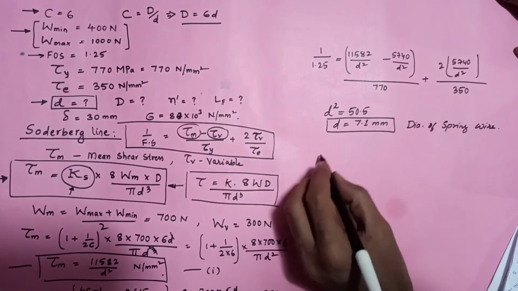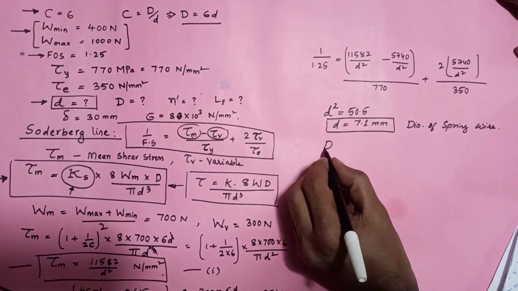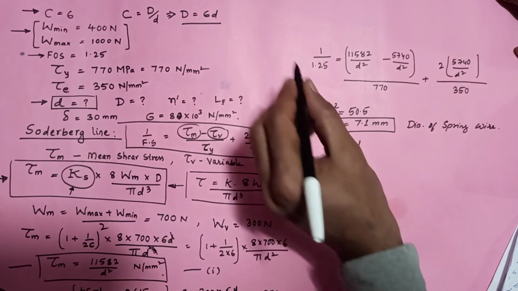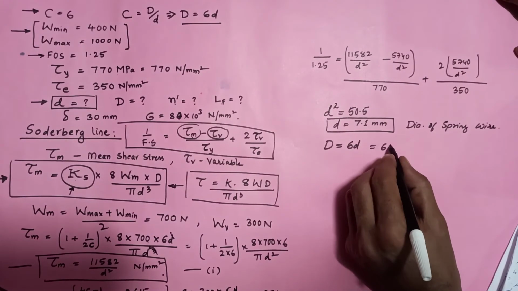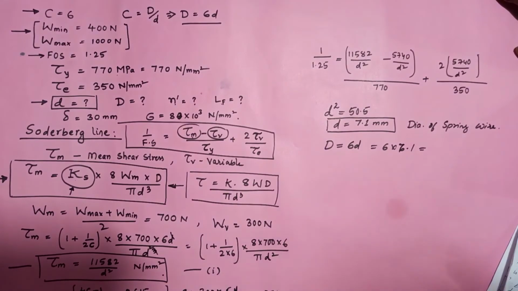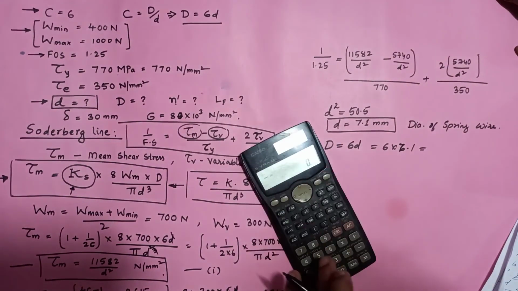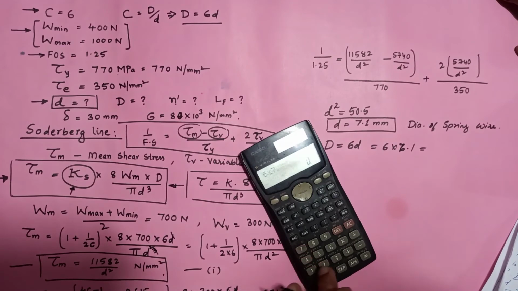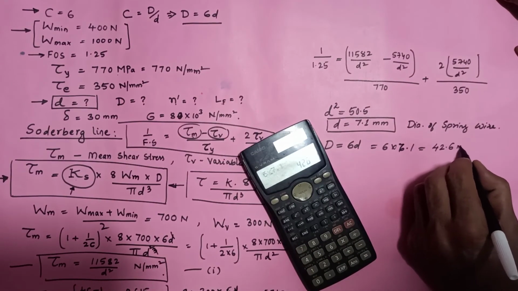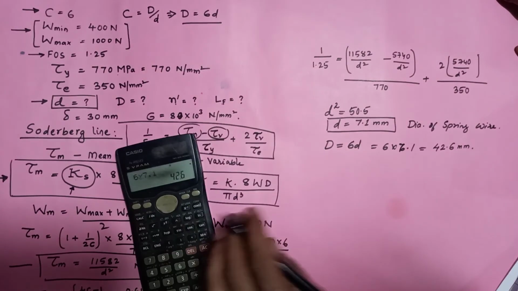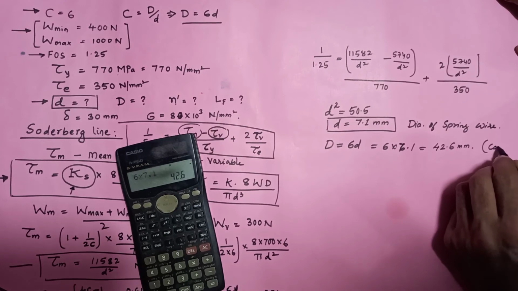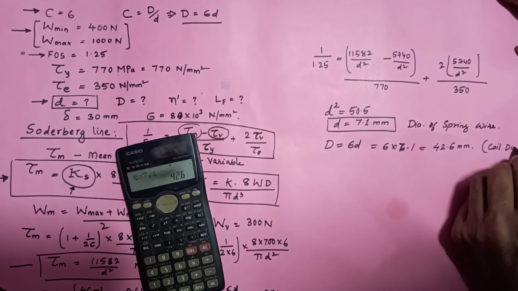Similarly, you have to calculate the diameter of the spring coil, that is D is equal to 6d, which we have already made. So 6 into 7.1, you will get around 42.6 millimeter. That is the mean diameter of the coil.